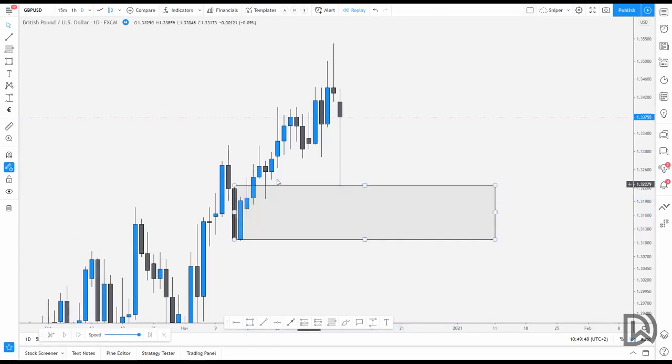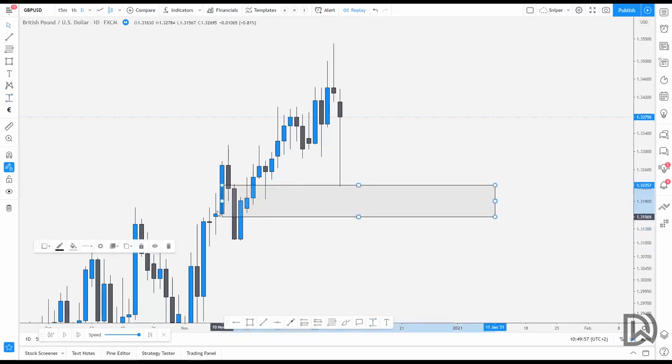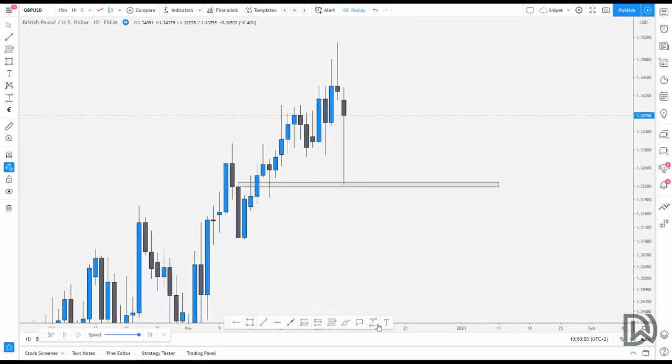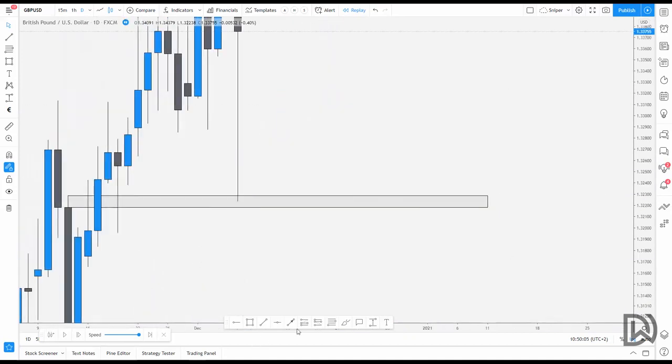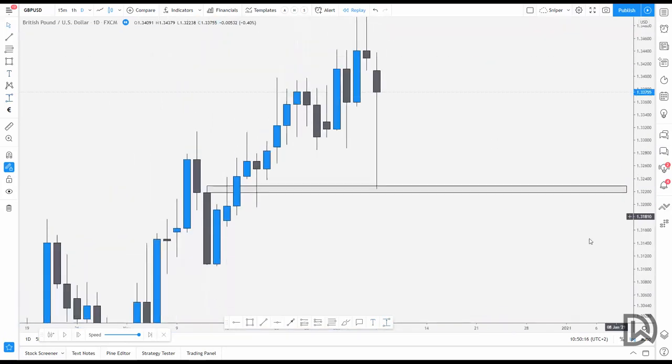Here we have an order block, but because this is such a big daily range, this is like 120 pips, I'm only using the top. I'm only using the wick and the wick, because that in itself gives me a range of 12 pips, which is quite nice.